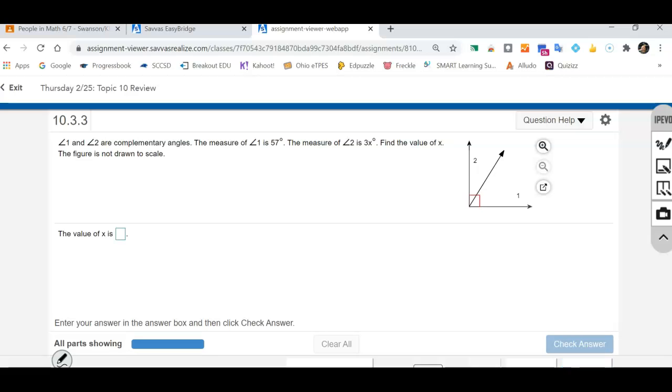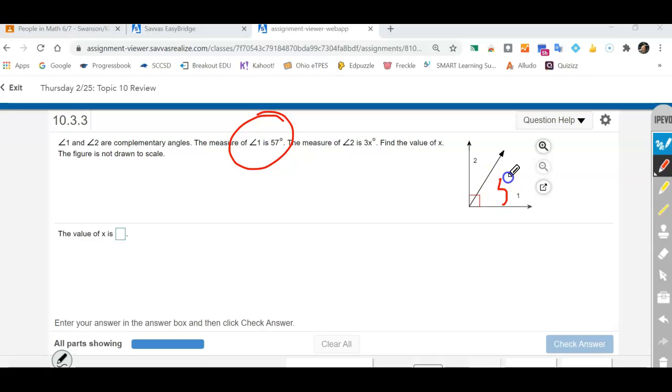All right, so here we go. You guys try this one. Angle 1 is 57. Angle 2 is 3x. Go ahead, solve for x.